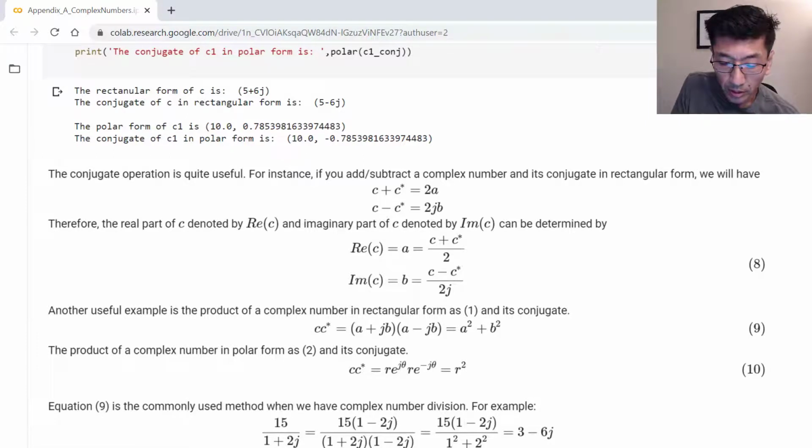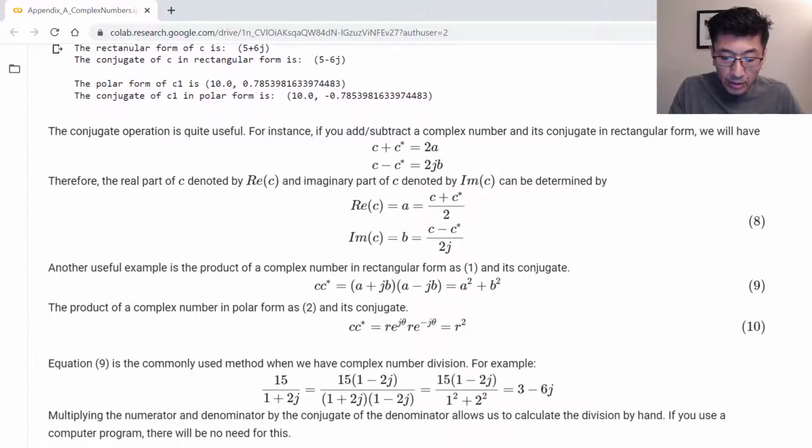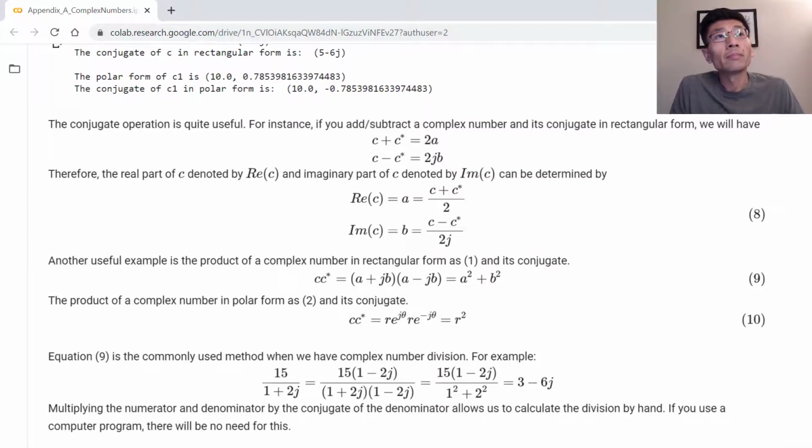And in polar form, C times C conjugate is going to be the absolute value squared. Here you can also compare 9 and 10, and you see this r squared is equal to a squared plus b squared, right? Equation number 9 is commonly used when you have complex number divisions.